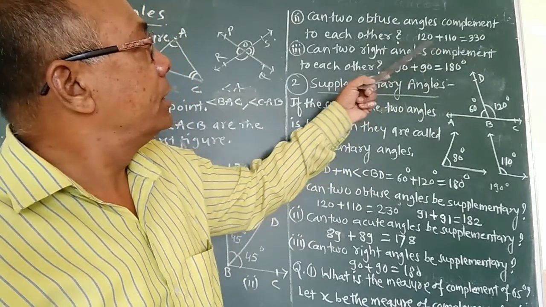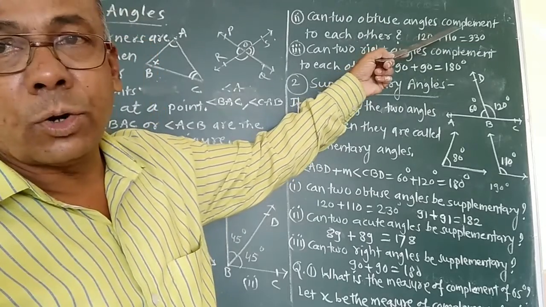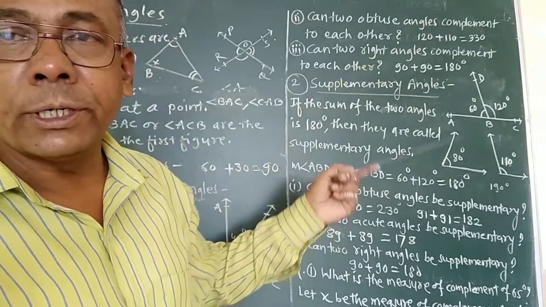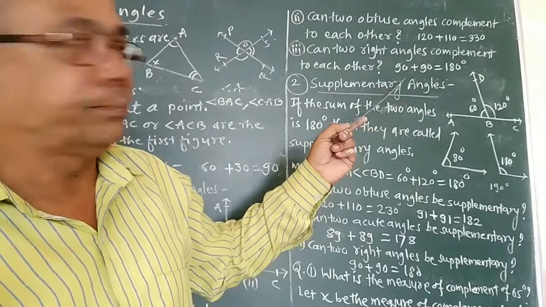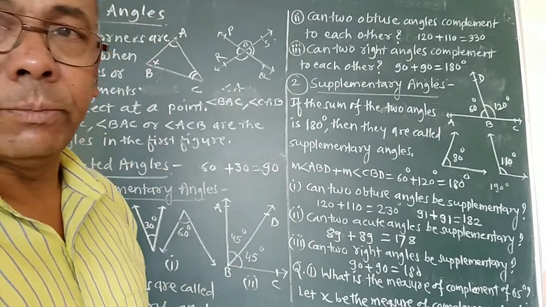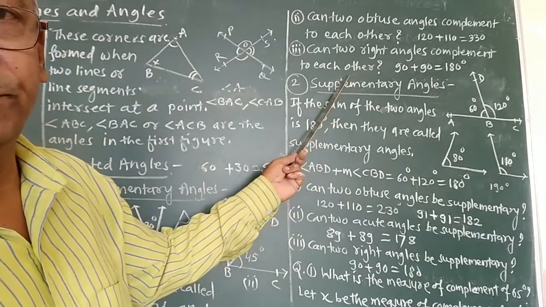And therefore the two obtuse angles cannot complement each other. दोन ऑब्ट्यूज अँगल एकमेकांचे कॉम्प्लिमेंट असूच शकत नाहीत. Now third question, can two right angles complement each other?